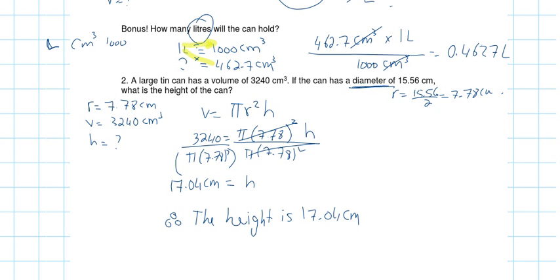Multiplying. So to get rid of that, the opposite operation of multiplication is division. That means I have to divide both sides by pi times 7.78 squared so I can get rid of this. So this is the step-by-step method.